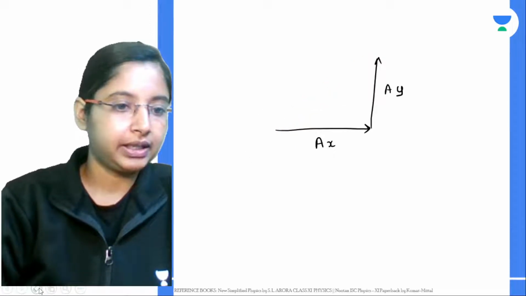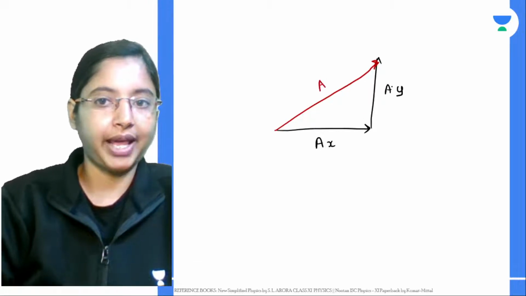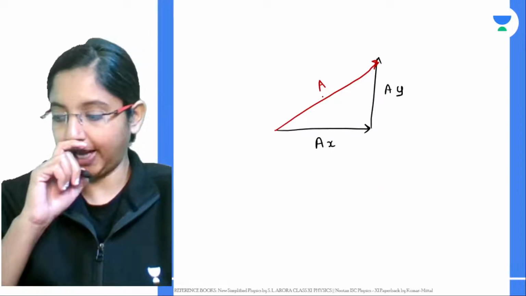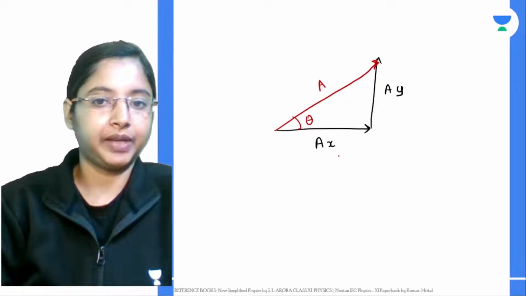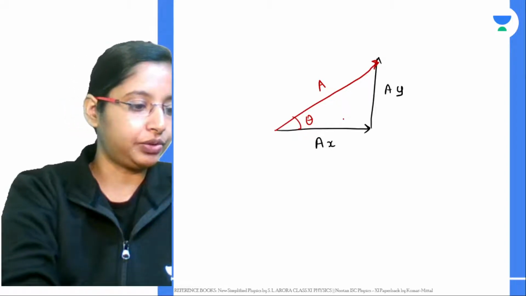We are going to do the reverse right now. We resolve this A vector into Ax and Ay, right? If I want the value of A as well as this angle theta, how would I get it? What method can I use to get the answer?